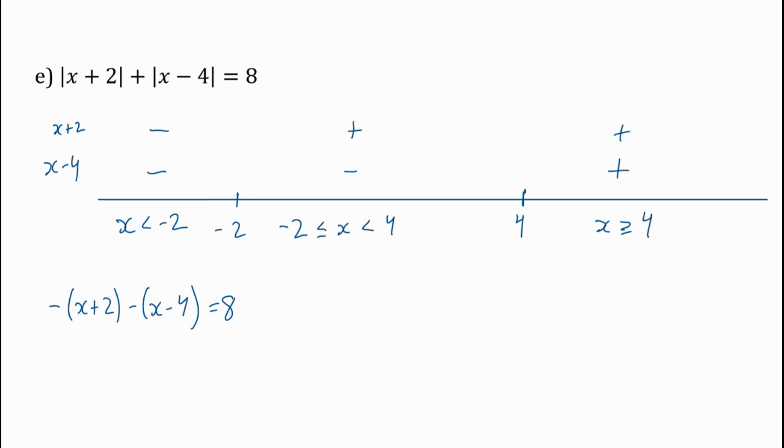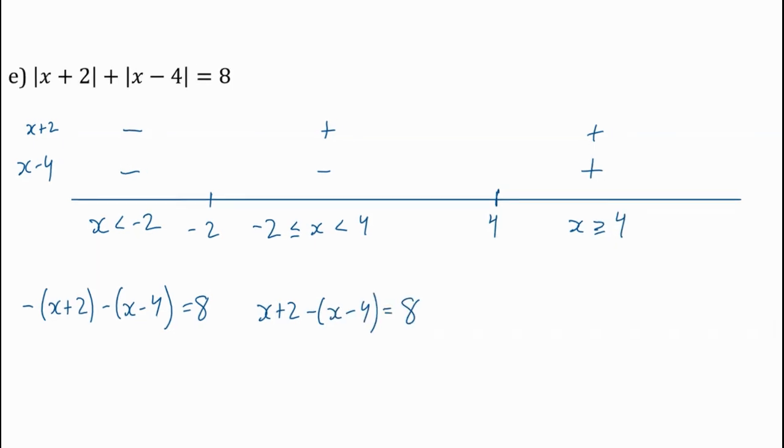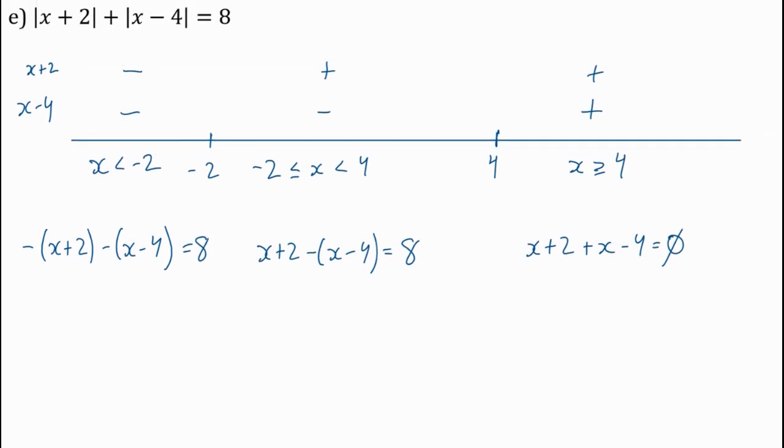In the middle, only the second one is negative, so it's just x plus 2. I leave it alone. And in the third interval, they're both positive, so I just leave them both alone. Okay, go ahead and solve them.